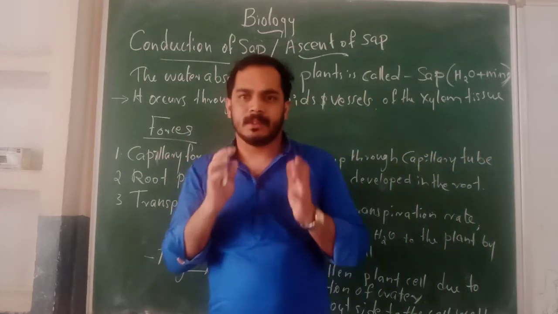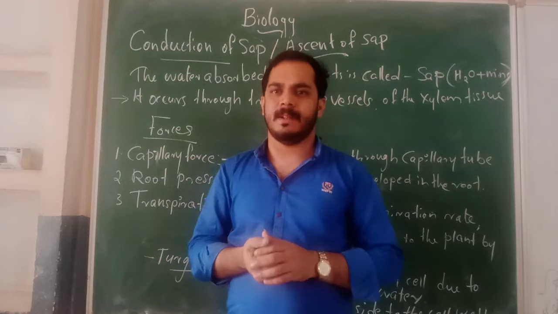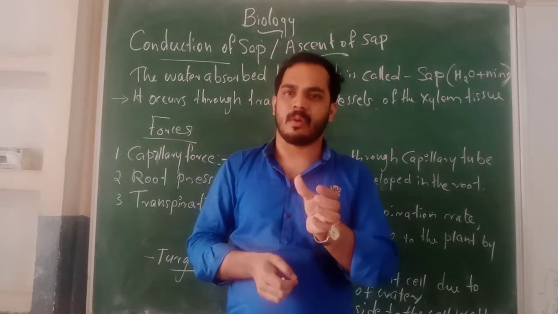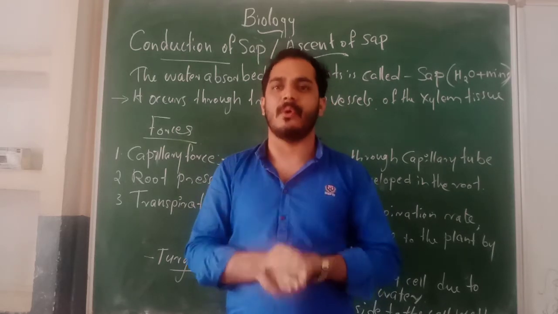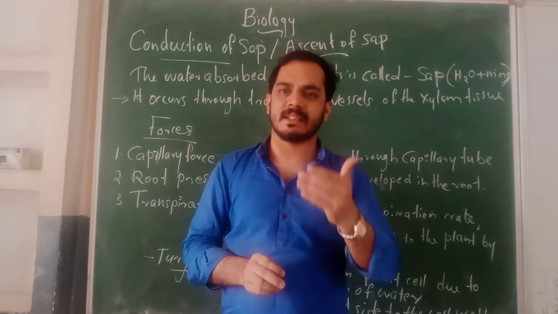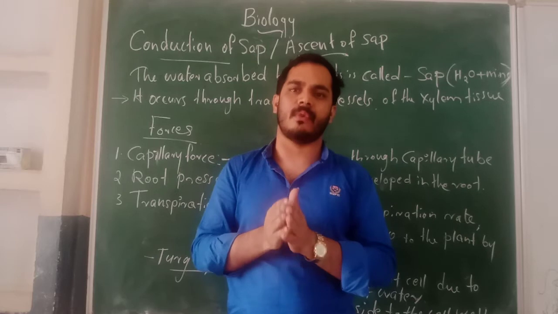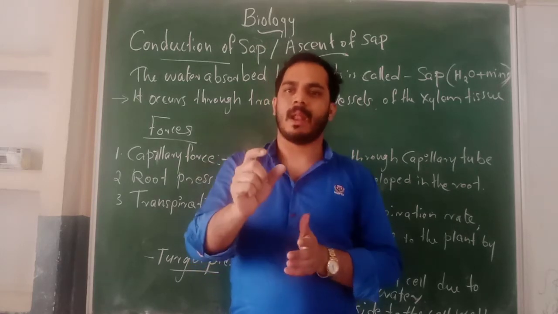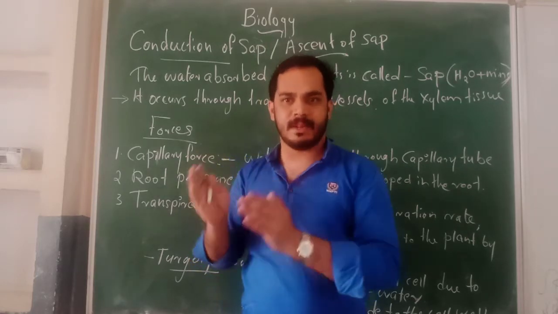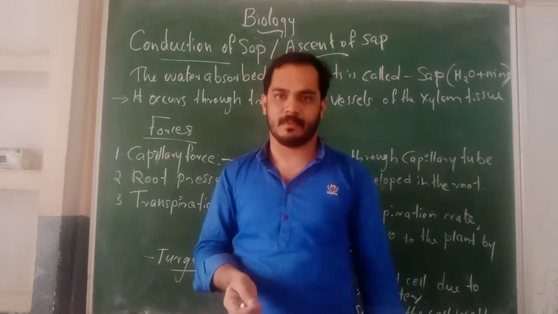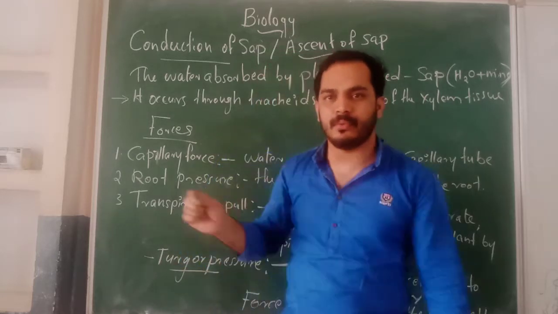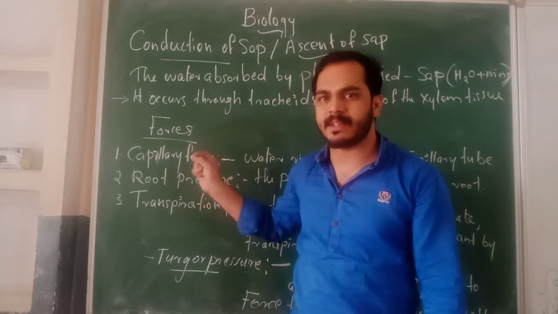Okay, so this transportation of materials, food and minerals, is possible only by the sum of the forces exerted in the plant. So let's see which forces are given in the plant, as a result of which these materials move upward. There are a few forces, a few mechanisms given here.